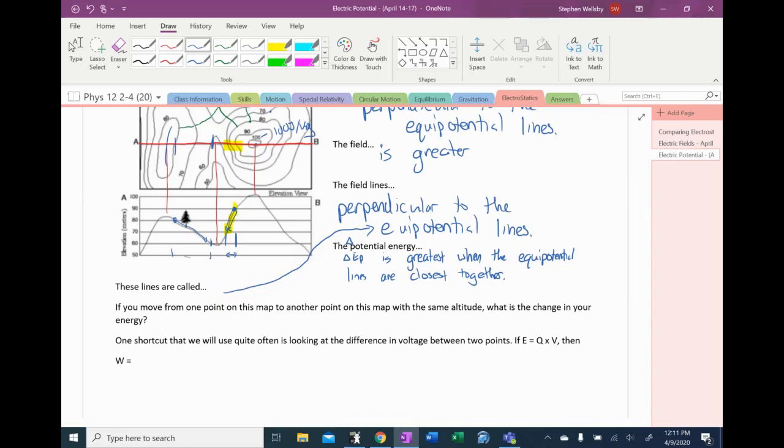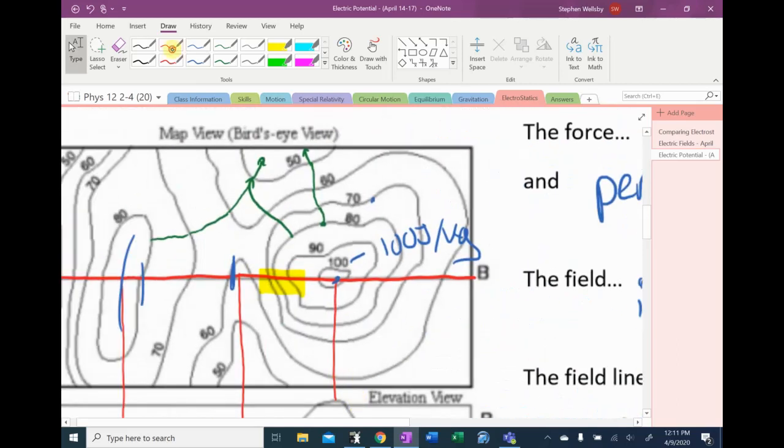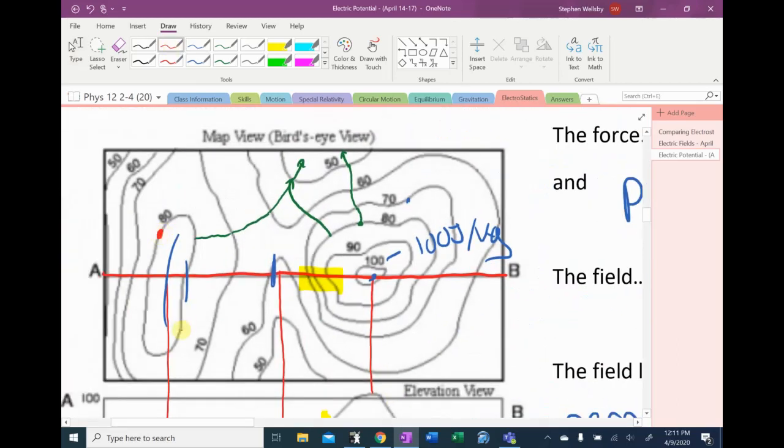And one more note here, if you move from one point on the map to another that has the same altitude, what would your change of energy be? So what that's saying is, if I were to move from, say, here over to here, what would be the difference in potential energy? And hopefully you can see, well, here my potential energy is going to be mgh, and here it's going to be mgh.